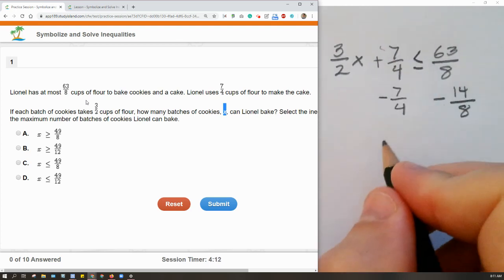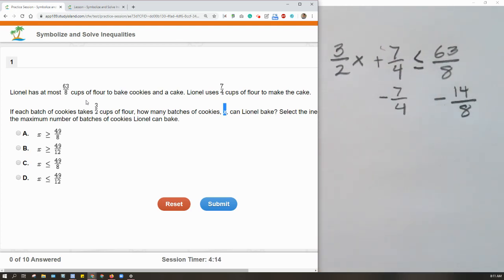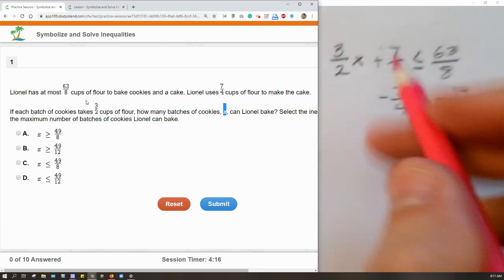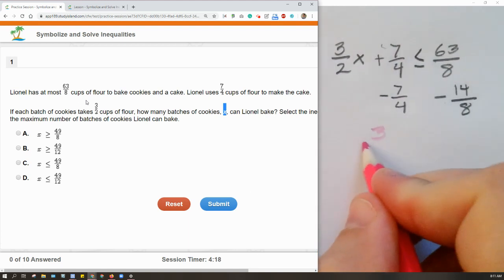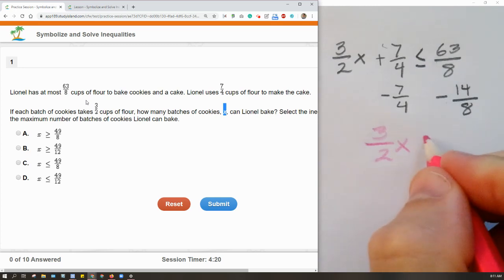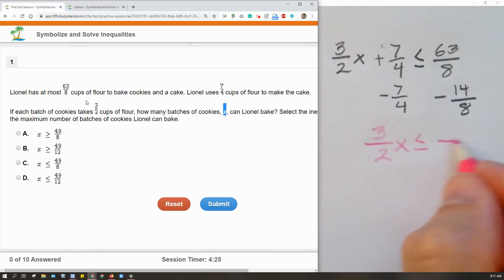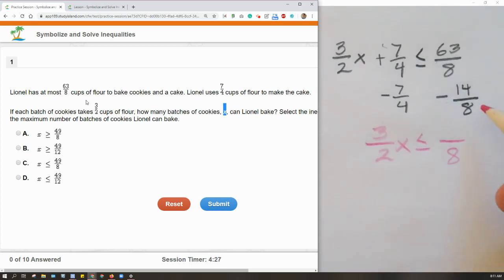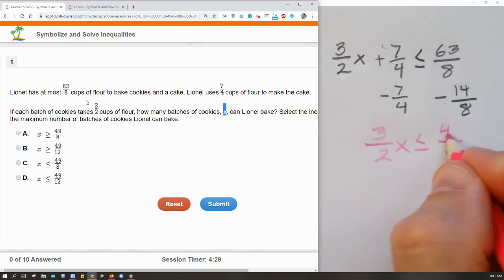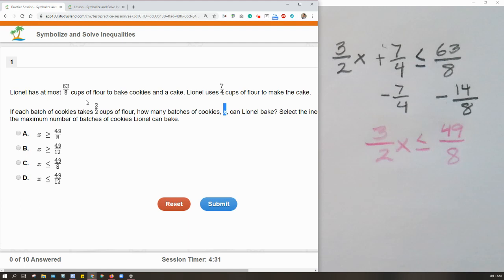These cancel out, and I'm left with 3/2 times X is less than or equal to 63/8 minus 14/8. We still have 8s, and then 63 minus 14 is 49. So I've got 3/2 X is less than or equal to 49/8.